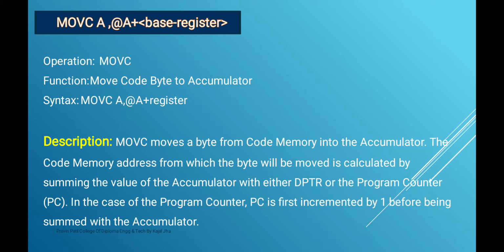In the case of the program counter, PC is first incremented by 1 before being summed with the accumulator. Okay, this is about MOVC, and we already discussed that if MOVC is present, this instruction accesses the internal as well as external memory.